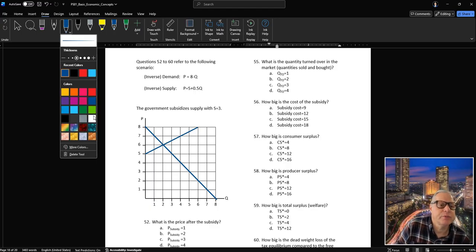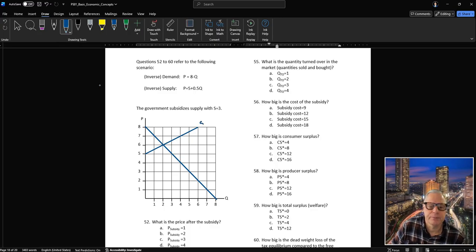But now we subsidize the supply down by 3, so it starts at 2, still has a slope of 1/2. So this is the supply plus subsidy.